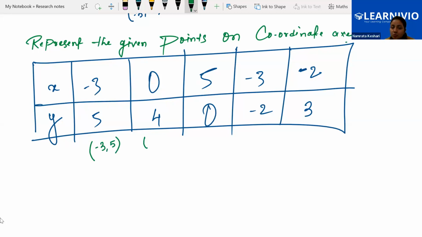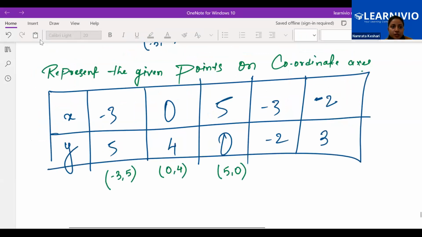Can you tell me the next point? 0, comma 4. Next. 5, comma 0. Perfect.